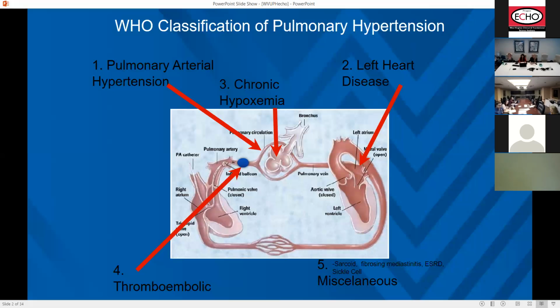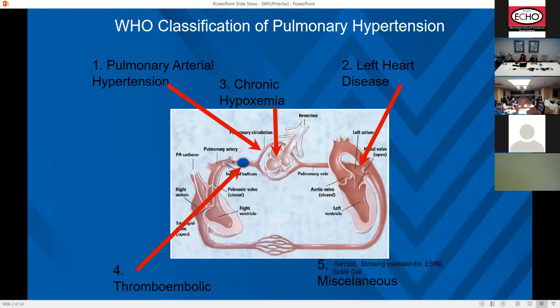Group 4 is thromboembolic, the ones called CTEPH, chronic thromboembolic pulmonary hypertension. Those are ones with a history sometimes of DVTs and PEs. They get treated, but after treatment they're still short of breath or symptomatic, because the PEs haven't resolved. The pulmonary arteries have remodeled, and they develop pulmonary hypertension from it.